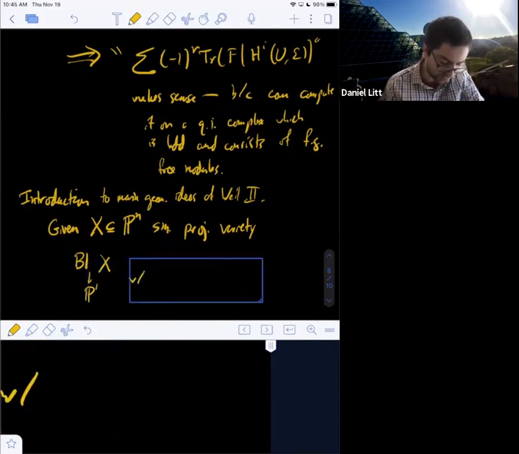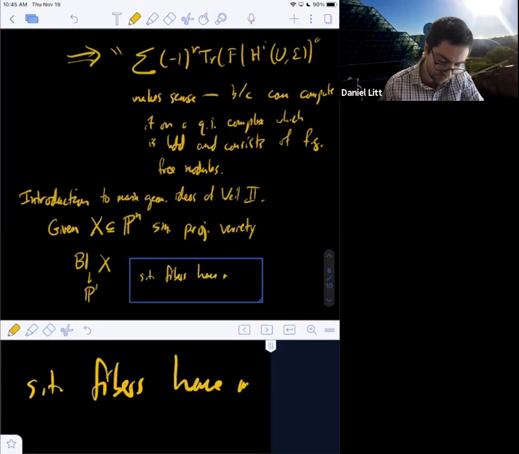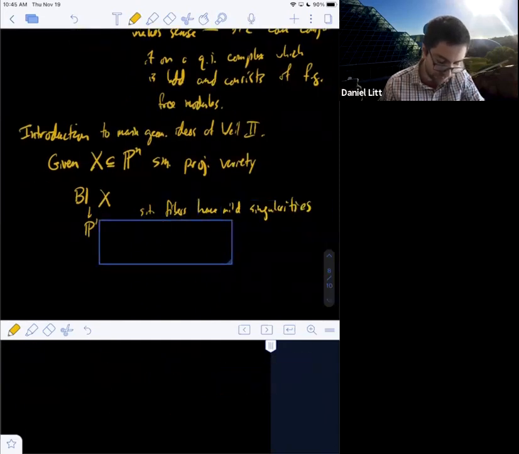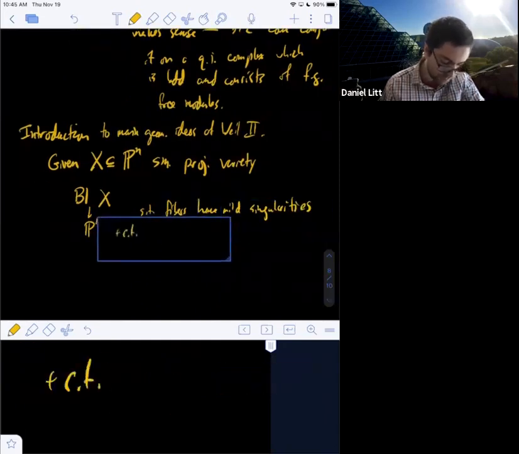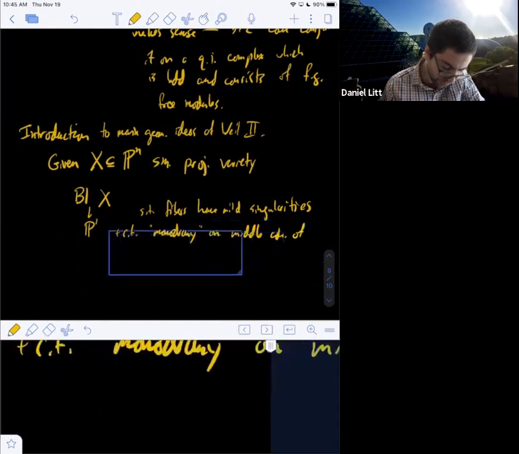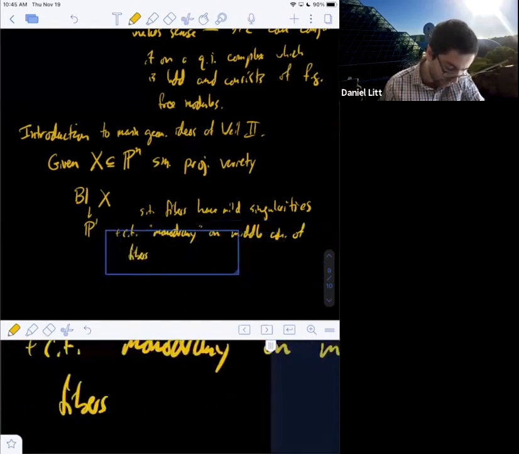First of all, such that the fibers only have very mild singularities, and such that the monodromy, and I'll explain what that means, on the middle cohomology of the fibers has large image.